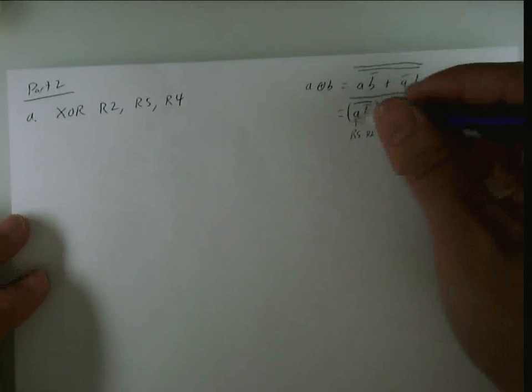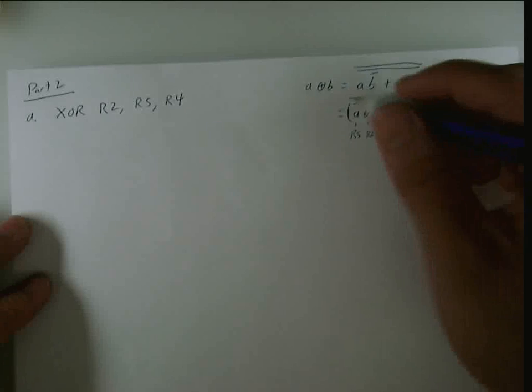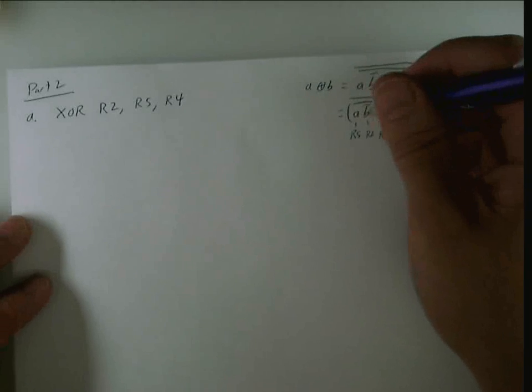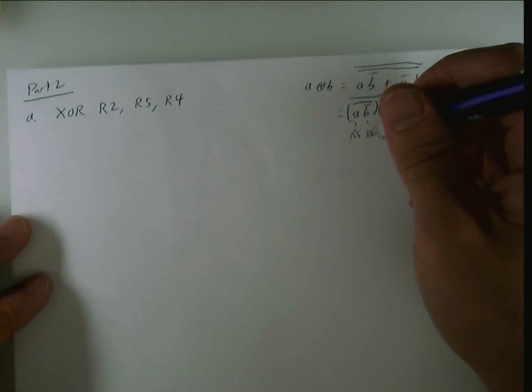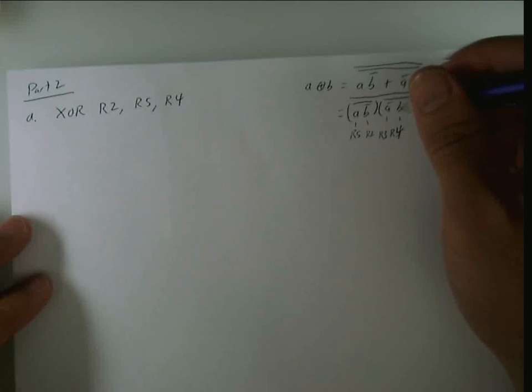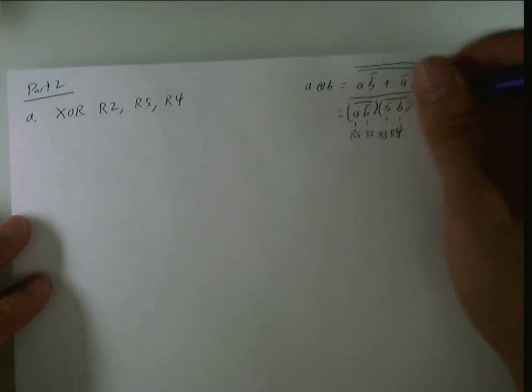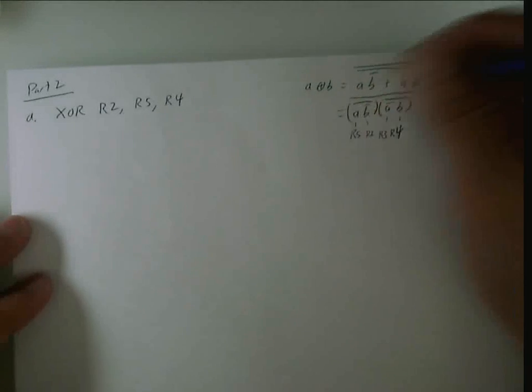And then after we do this, we're going to need to keep track of all those, and then we'll AND these two together and stick that back into R2, and then we'll AND these two together, stick that back into R3, we'll NOT them, do the same thing, and then AND R2 and R3 together, store that into R2 and not R2.